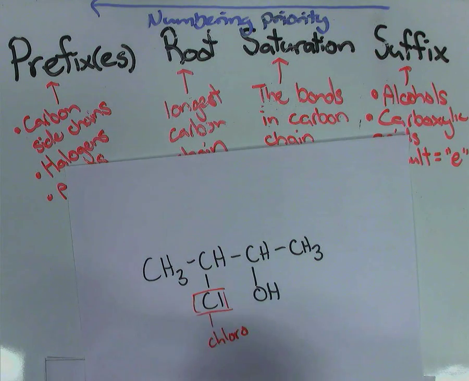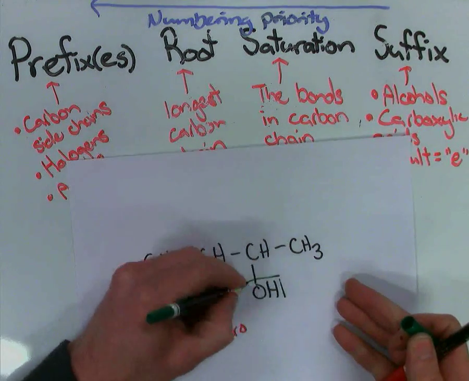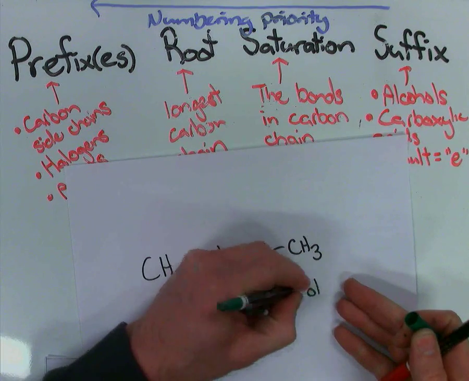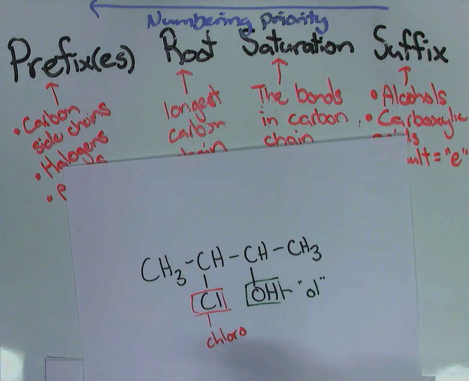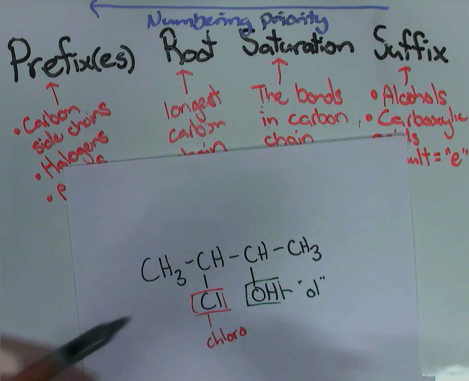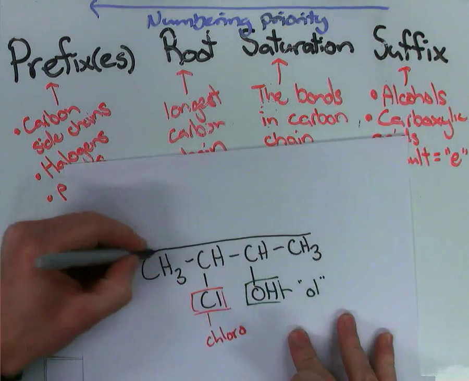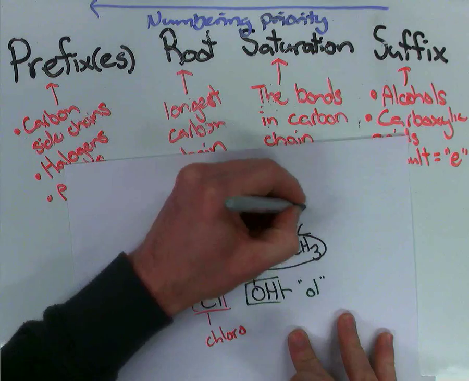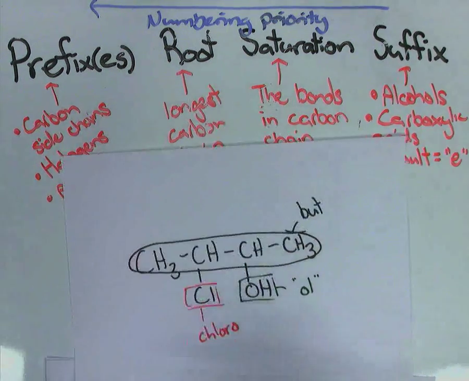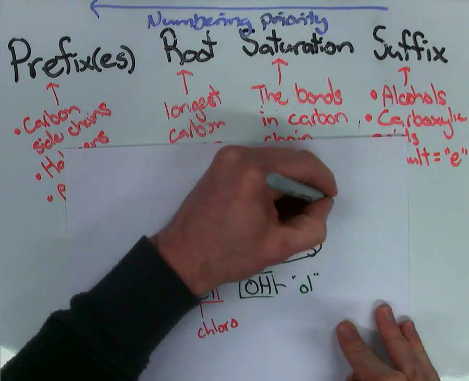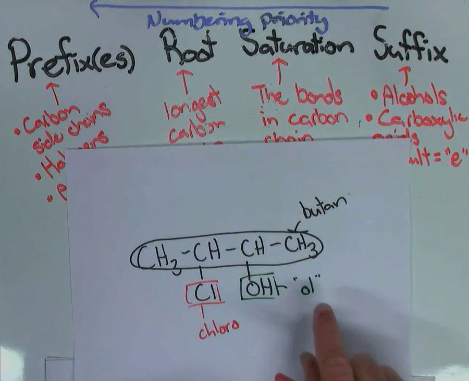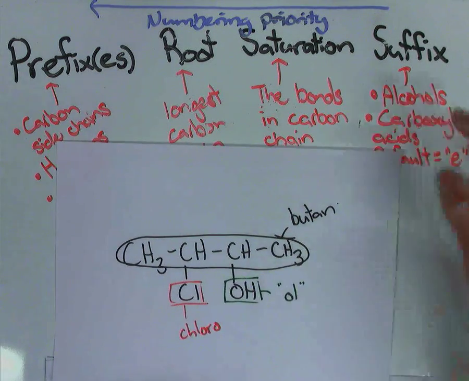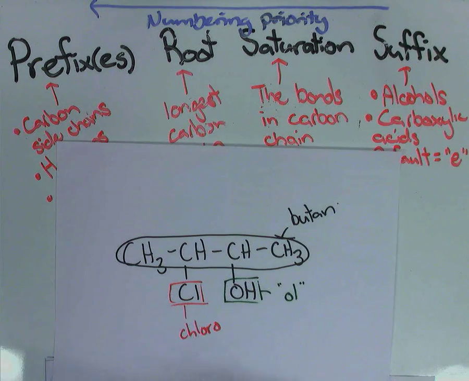And alcohol, OH, is a suffix of ol. And the main carbon chain is a total of 4 in a row, butane, single bonds all the way through, and I'm not going to put an E on the end of there because the ol is a suffix. It's going to become the end of the name.